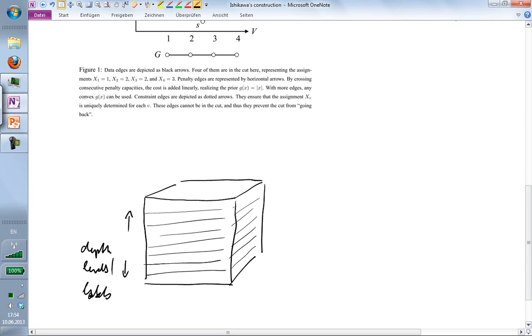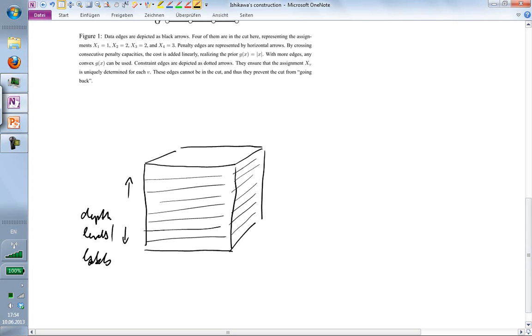And I have 2 spatial dimensions. So this is my spatial dimension, let's say x and y. And now I repeat this construction. So I can put my source here, there, and then I'm connecting the source with each and every pixel, and I'm connecting the sink with each and every pixel.